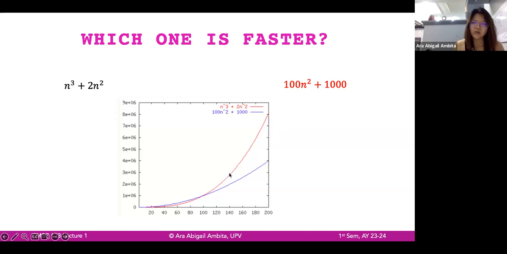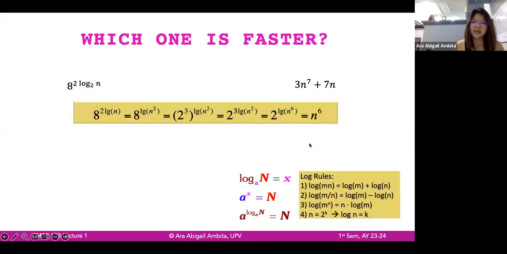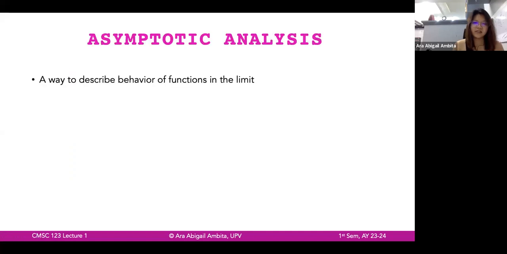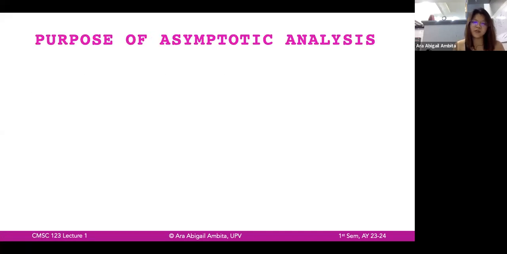This is just one way for us to look at the efficiency of an algorithm as the input size grows larger and larger, and we do that by using asymptotic analysis. You understand? I hope you do.